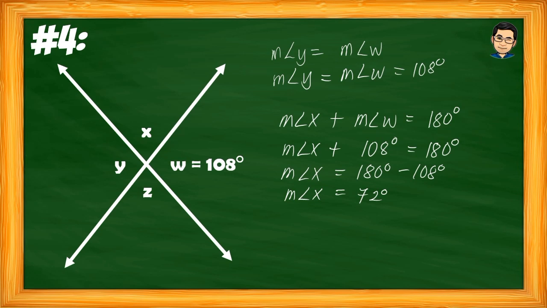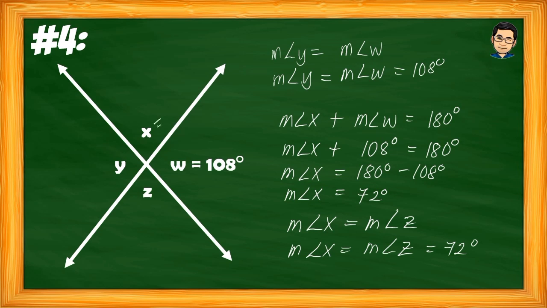Now, what about the measure of angle Z? So, since angle X and angle Z are vertical angles, the measure of angle X is equal to the measure of angle Z, which is 72 degrees. So, label lang natin.